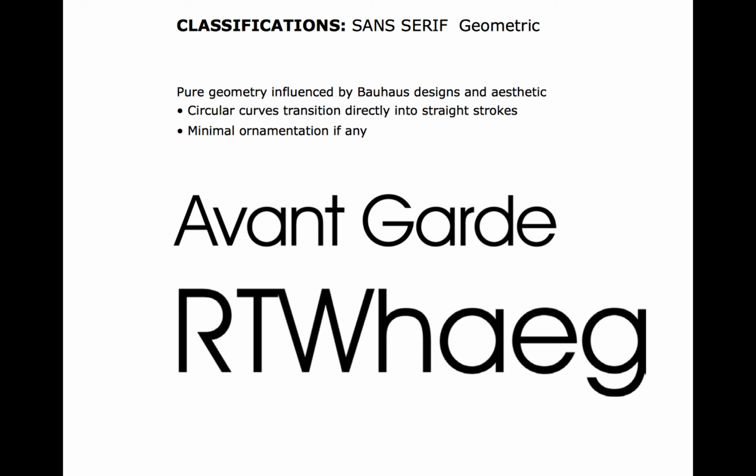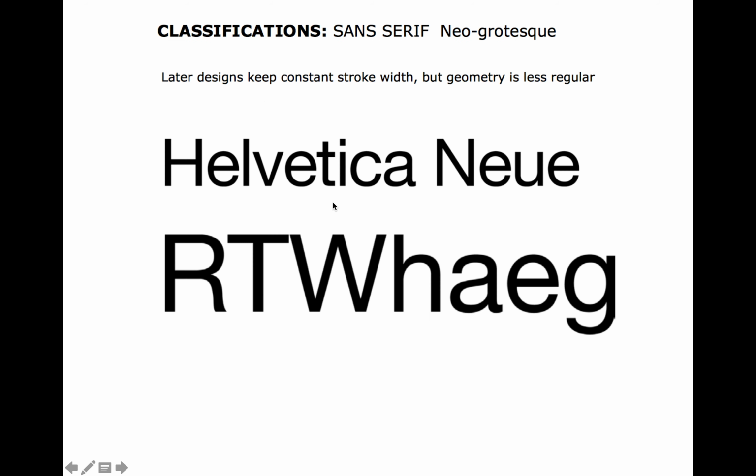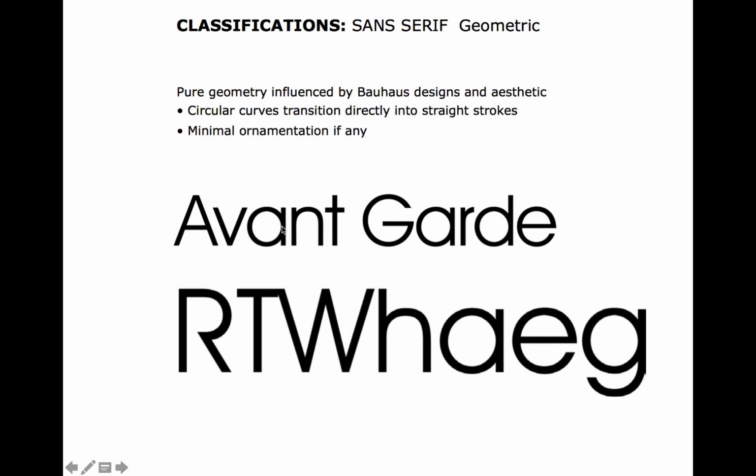Notice how large the counters are compared to the previous fonts that we looked at in the lecture. This font has a nice example of a one-story A compared to the two-story A here. And there were examples of large open counters. If we look at the G and the A here, we had really big open counters inside the letters.